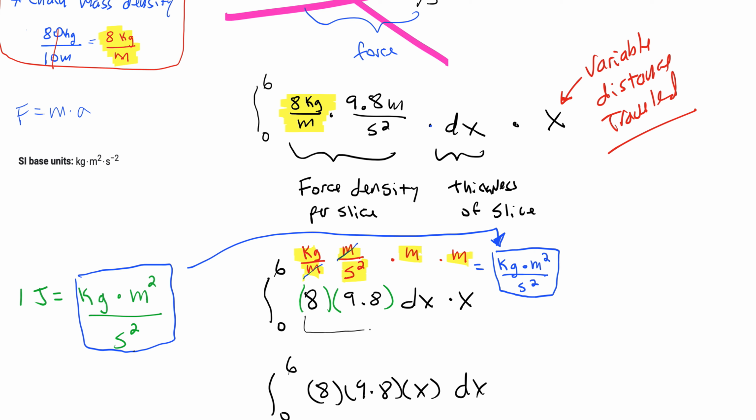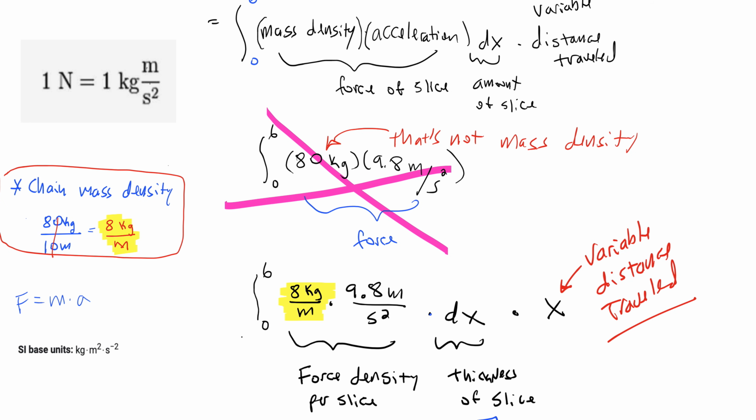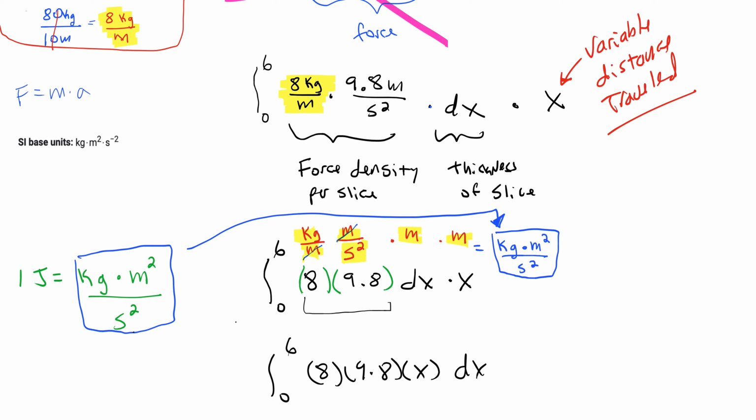So this little piece is force, and this little piece is variable distance traveled.